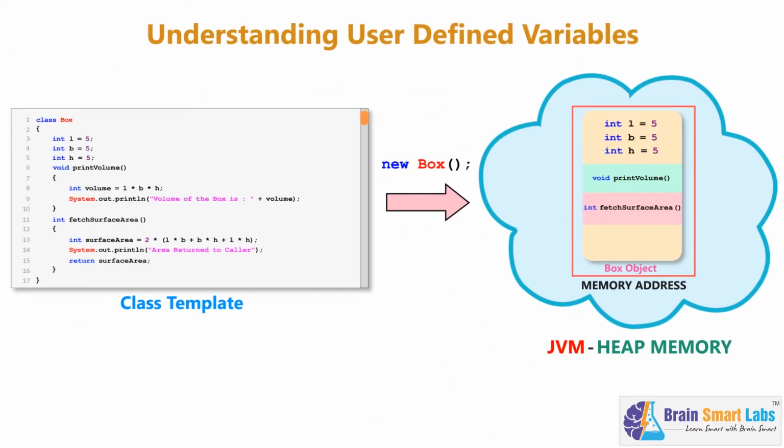This memory address can be related to the site address of our house, and it is called an object address in Java. A house built using a plan always has an address. Likewise, an object created using a template always has an address.